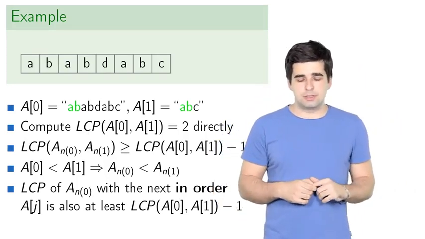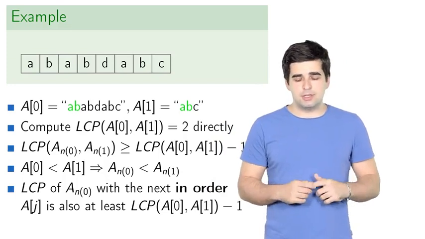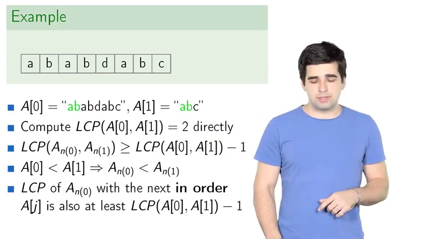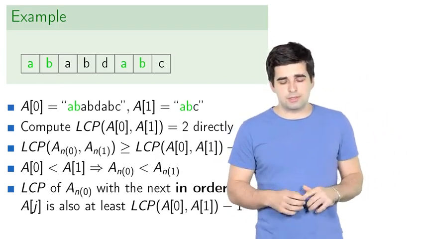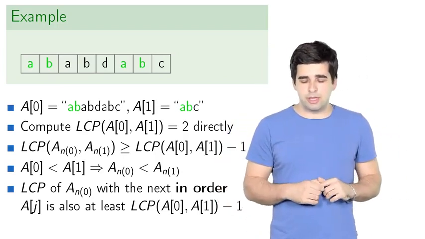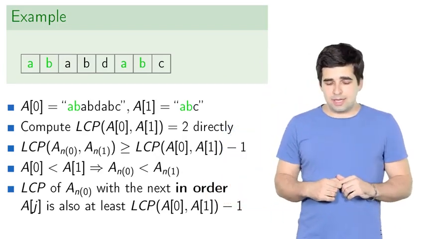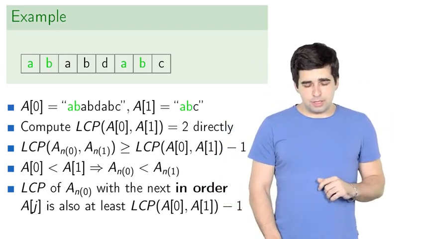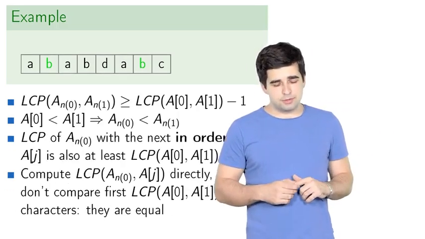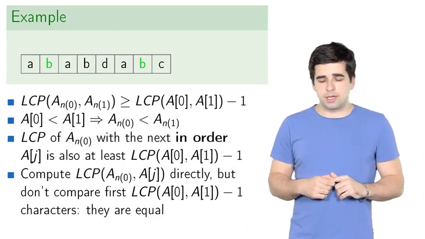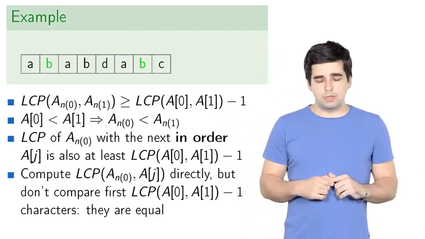But if we compute the longest common prefix of this element of the suffix array with the previous element, we'll see that this longest common prefix is empty. And that corresponds to an empty intersection between the previous path and the new path. The only common node is the root node, and they don't have any edges in the intersection.